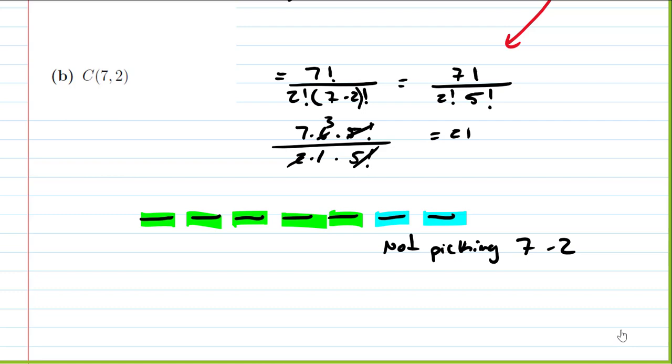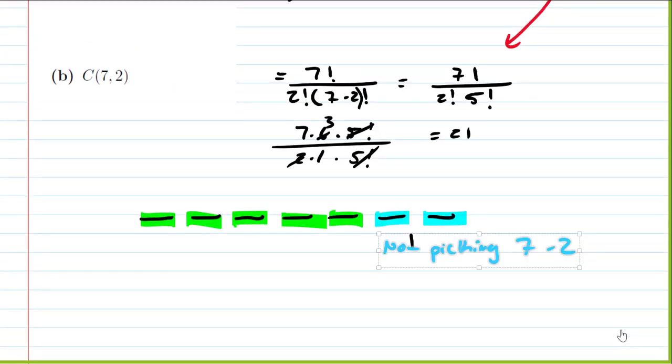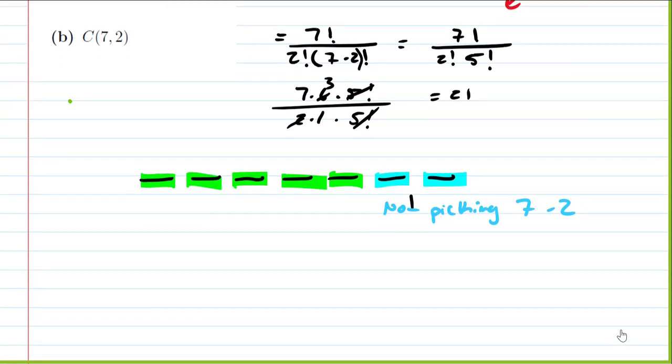And in the green, I would be not picking 7 minus 5, which is 2, and here it would be 5.